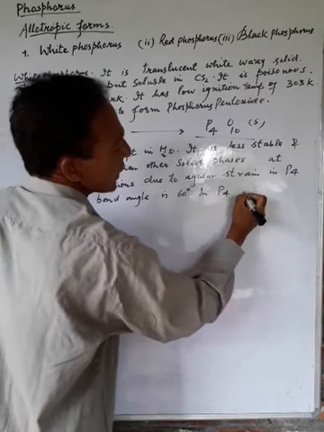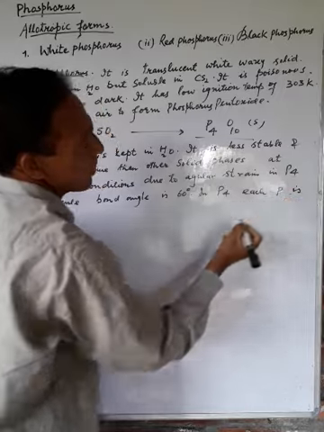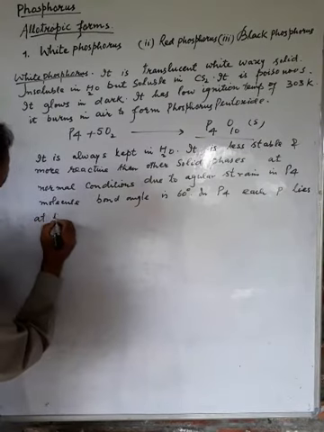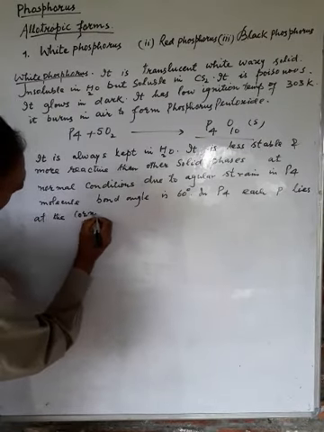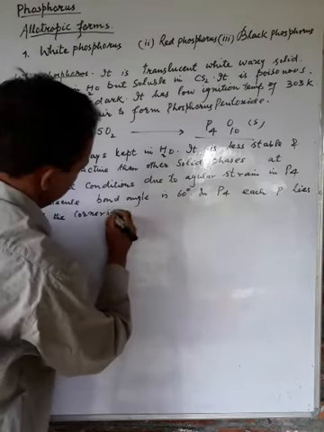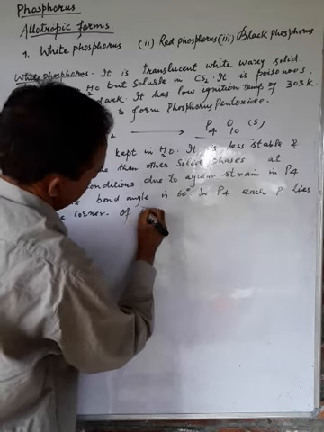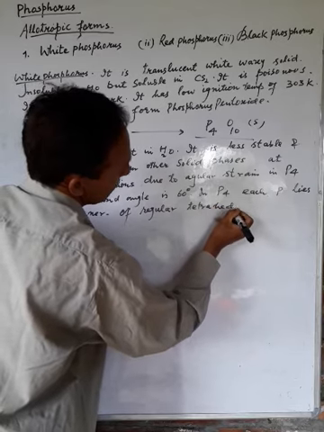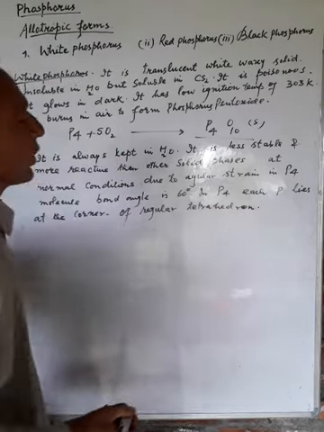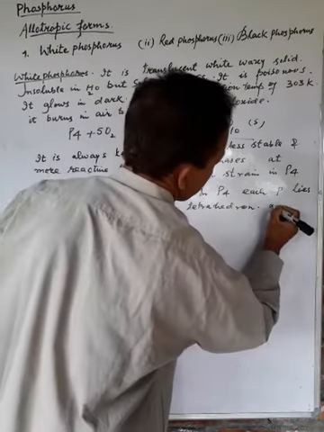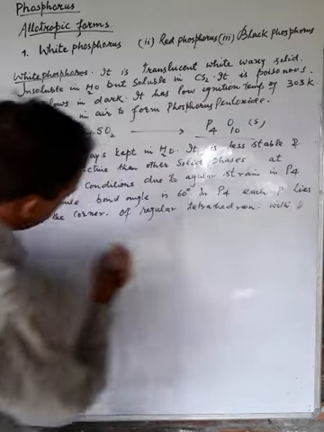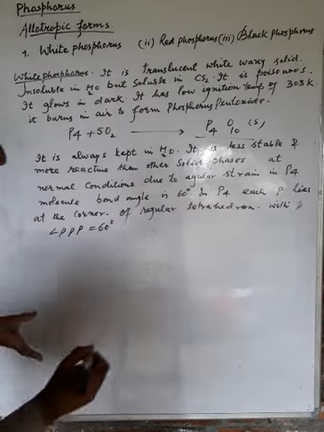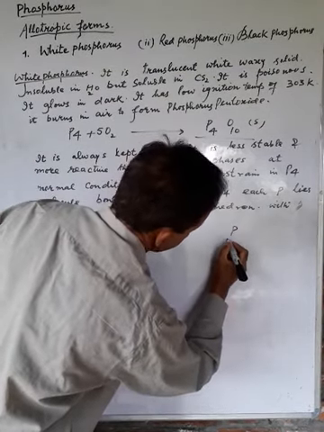In P4, each phosphorus lies at the corner of a regular tetrahedron with angle PPP equal to 60 degrees. So its structure is like this.